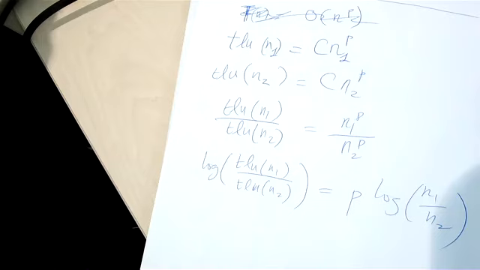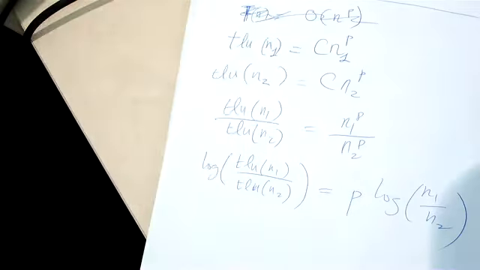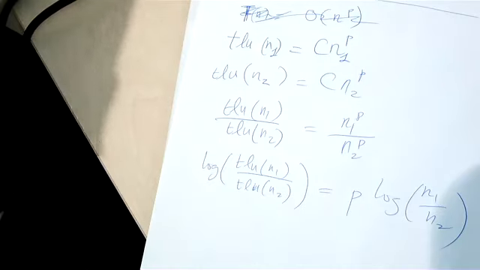Here we don't know what the power p is. We just assume that T_LU will be some constant times n raised to the power of p. And we try to find p based on the real time, not based on the theory.